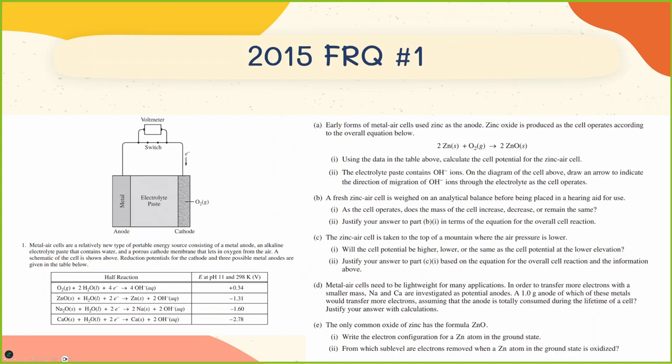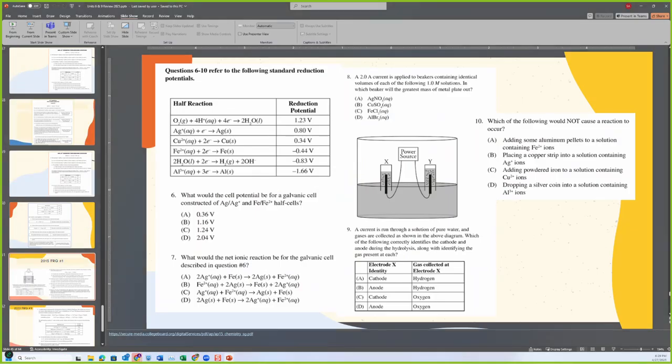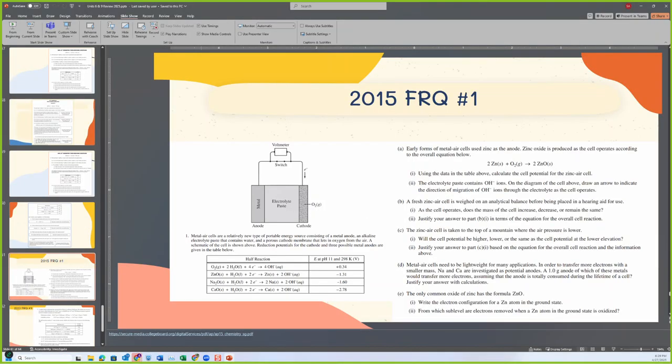And then there's this one, which looks like it's another electrolysis one. But we are almost at the time. I believe they have all of the scoring guidelines, so you can pull that one up and maybe look through it.